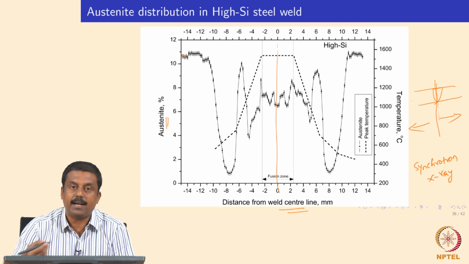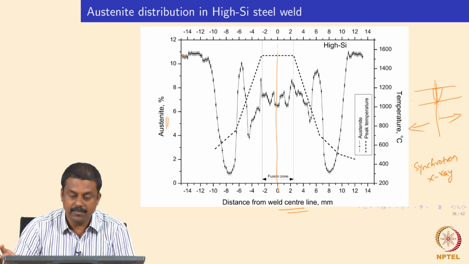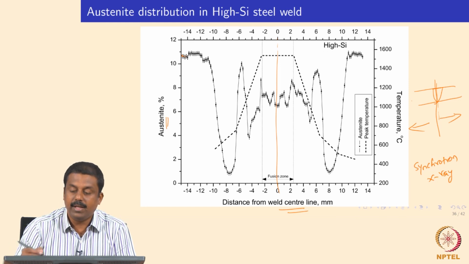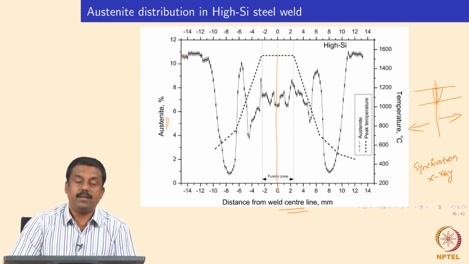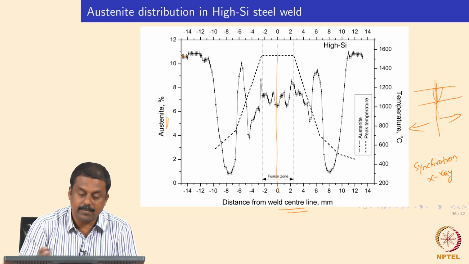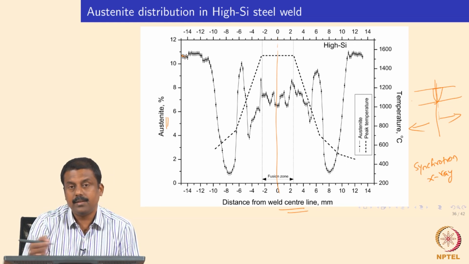So we can measure the diffraction on the other side of the sample, which is known as transmission X-ray diffraction. In the laboratory we will be doing it only in reflection mode, but because we use very high energy X-rays which can penetrate the sample on the weld and come out on the other side, we measure the diffraction on the other side in transmission. Due to that, these measurements are done.